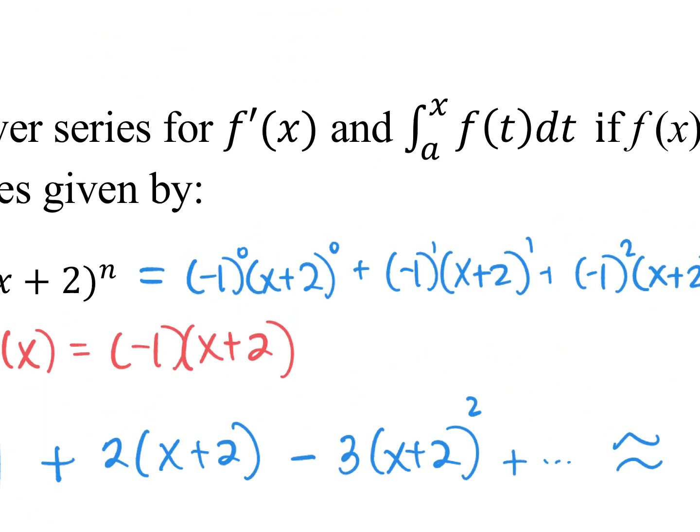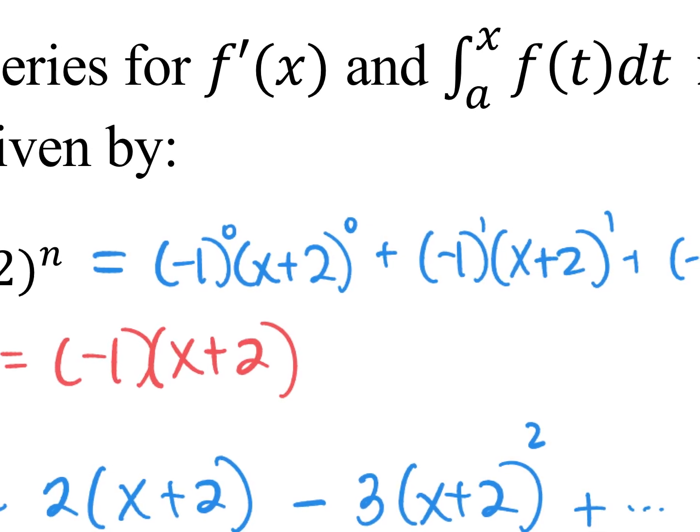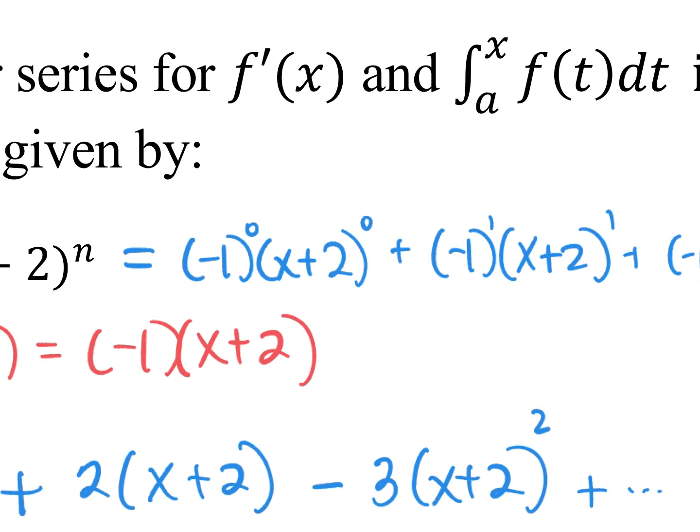Careful, look at the original term. This is gone, right? So that's just 1. But what's the antiderivative of that quantity, x plus 2 to the 0? X plus 2 to the first.